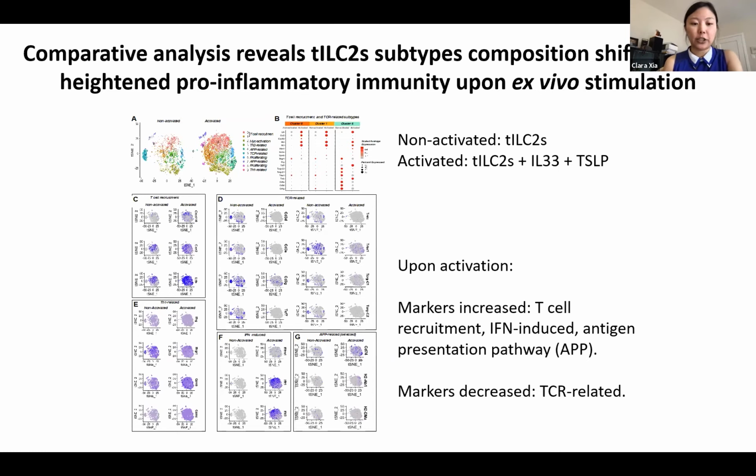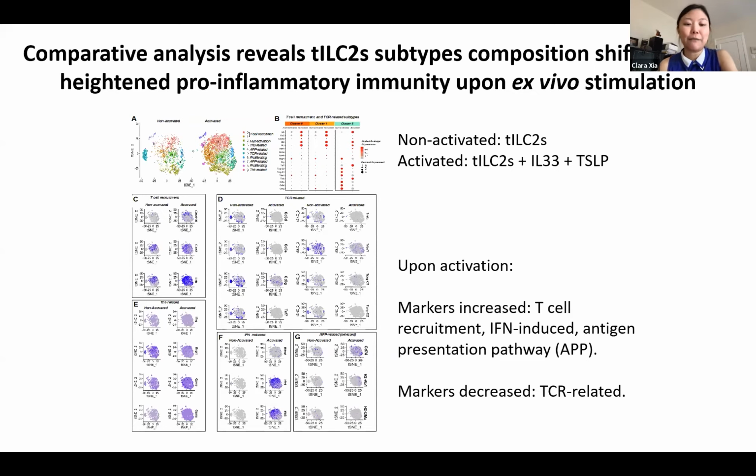Upon activation, we see that T cell recruitment markers, Th1 immunity markers, and antigen presentation markers increase in the total population. And this implies that ex vivo activation of ILC2s may enable them to acquire associated anti-tumorigenic effector functions.